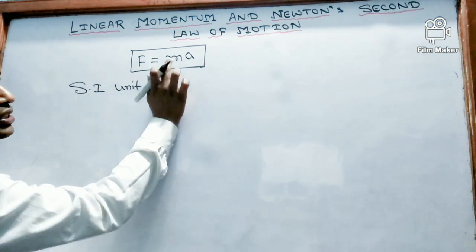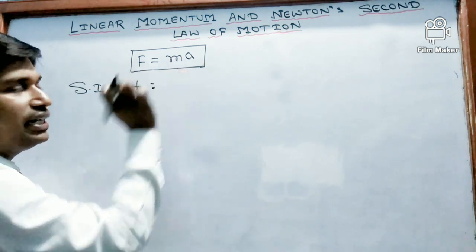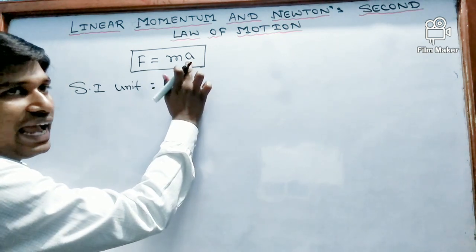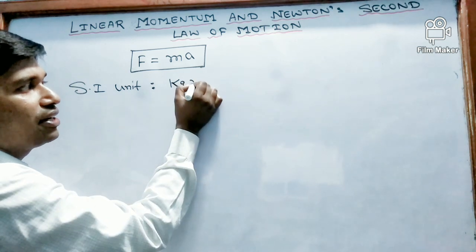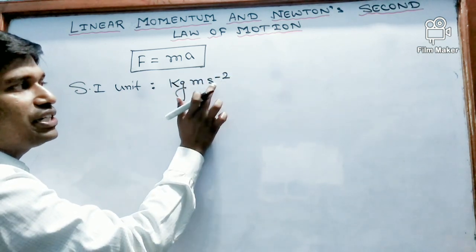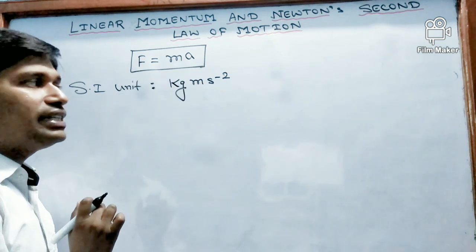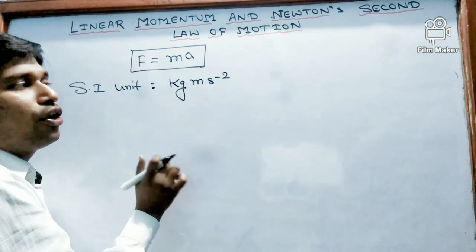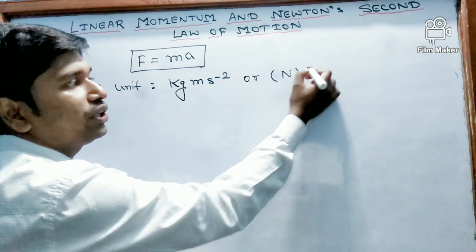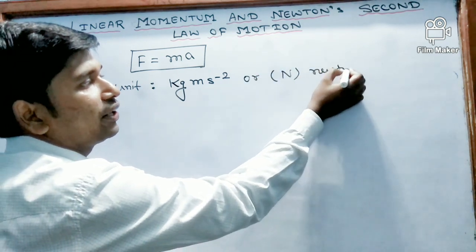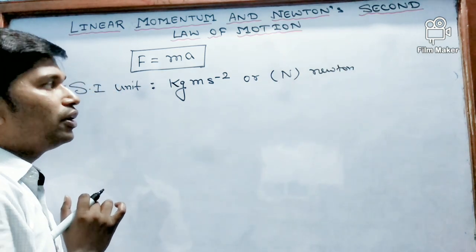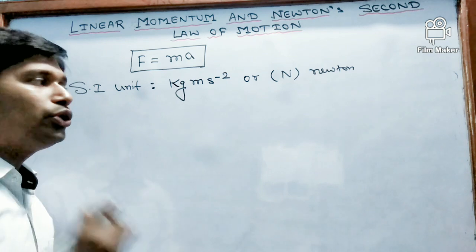For the SI unit of force, mass is measured in kilogram, and the SI unit of acceleration is meter per second square. So kg meter per second square is the SI unit of force, or we can write it as Newton. So Newton is the SI unit of force. Now what is 1 Newton?